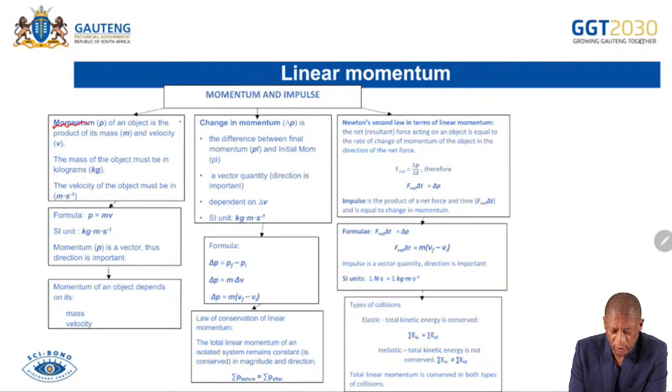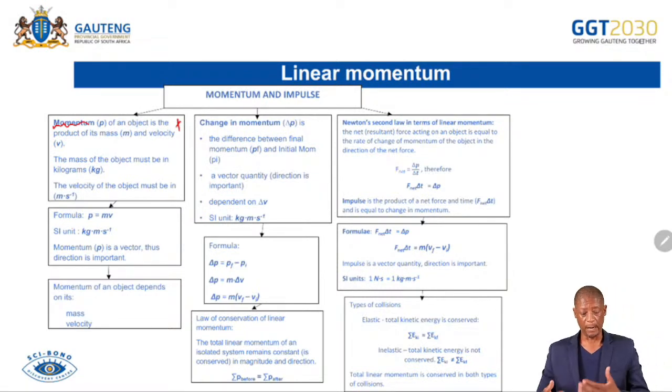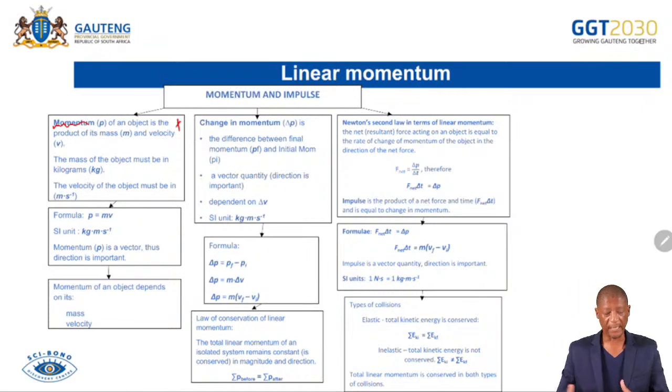That is the definition of momentum. We are going to talk about it as we are moving along, but we need to know the definition. We are talking about linear momentum, the motion in a straight line.